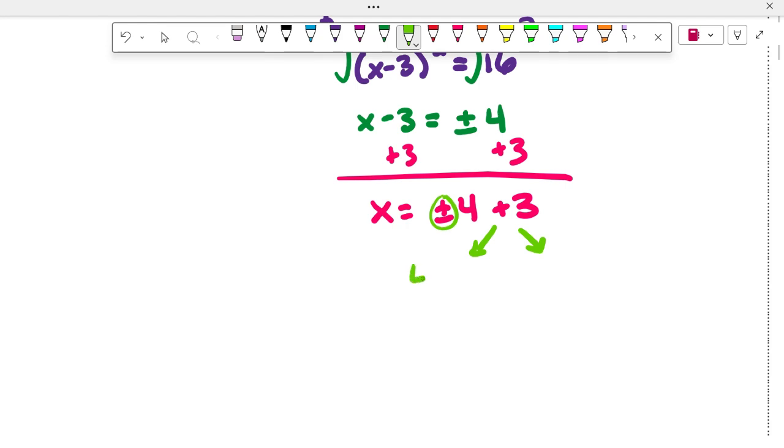So, in other words, we're going to have positive 4 plus 3 and negative 4 plus 3. So you should have 2 different answers. The last thing you should do, especially if you have 2 rational numbers, is separate that plus or minus and get the 2 answers. So what's 4 plus 3? Negative 4 plus 3? So x is equal to the set of negative 1 and 7.